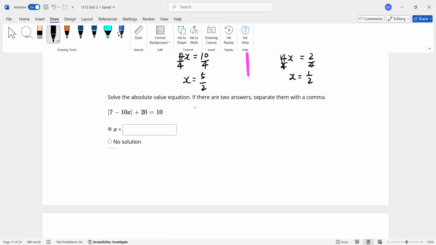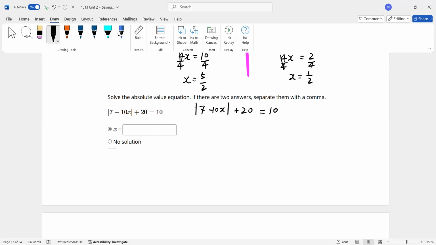This equation is absolute value of 7 minus 10x, finished absolute value, plus 20 equals 10. All right. So our variable x is trapped inside the absolute value, right? We do not have variable x otherwise. Only inside the absolute value.